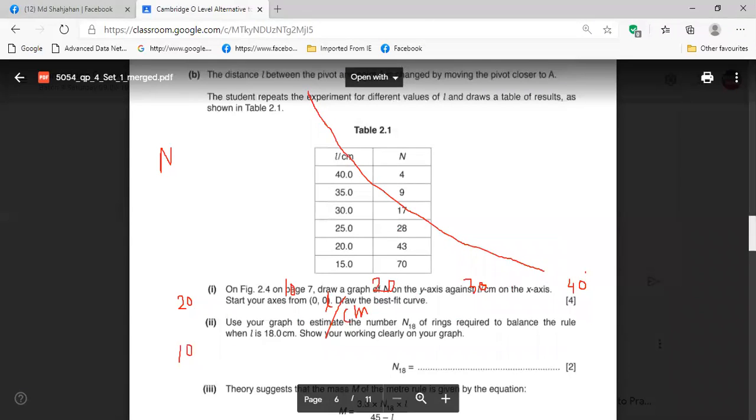Then 15 corresponding to 70. Yes. Then 20, 43. Okay, 44. Yes, correct.